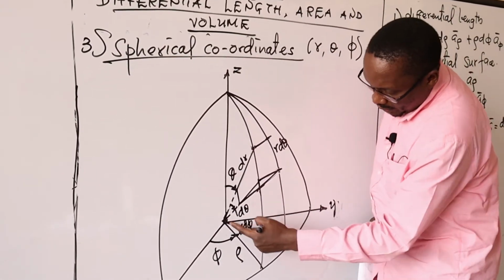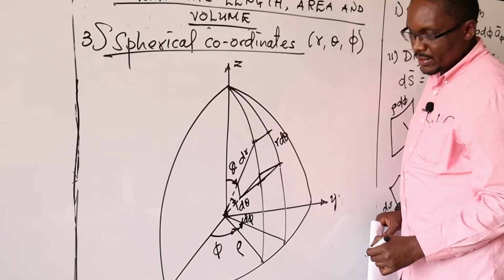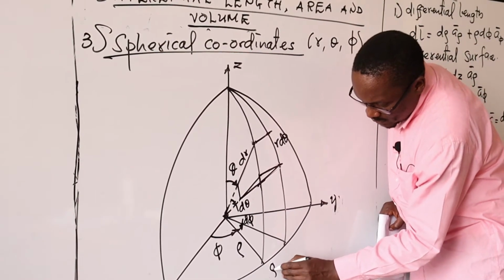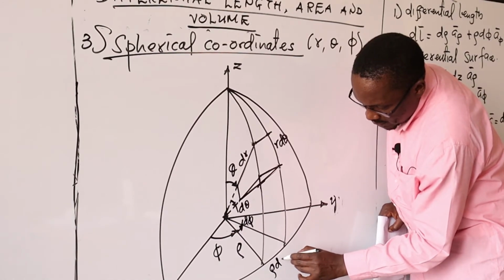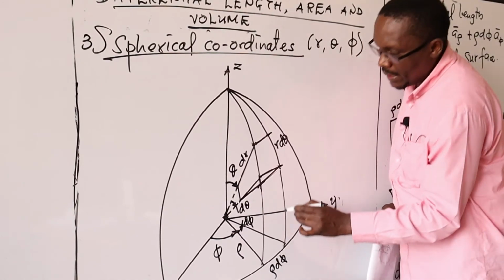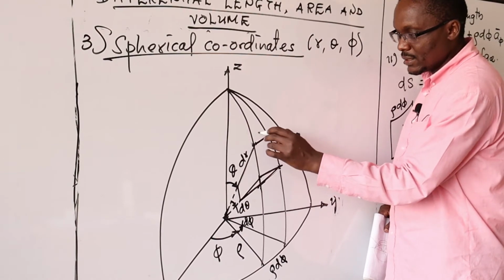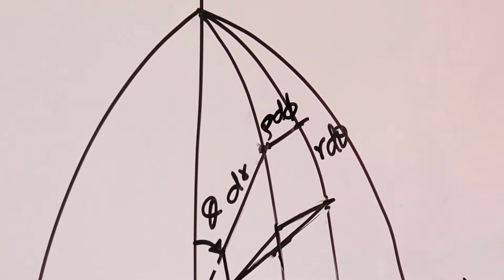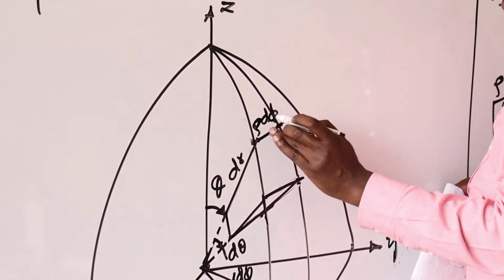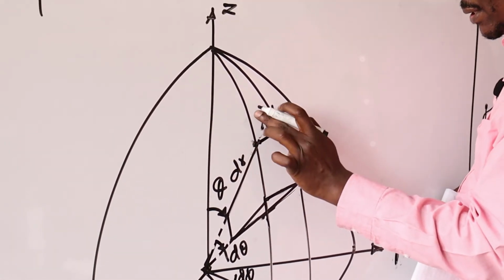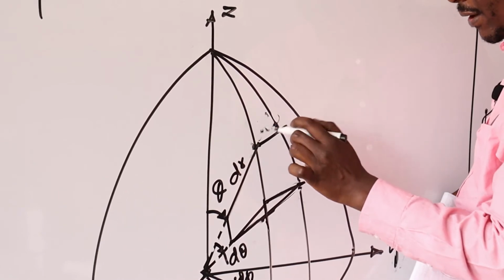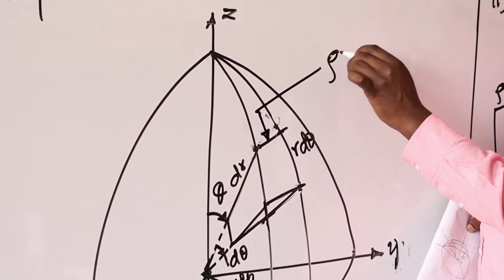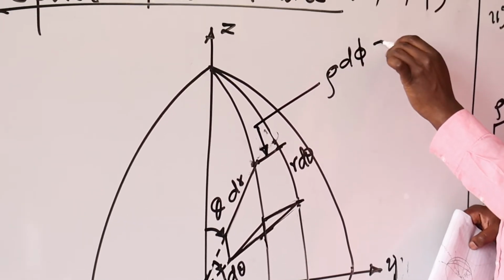The whole radius from here to here is rho. So this must be rho d phi. Let me have it up here because this space is so squeezed. That is rho d phi.